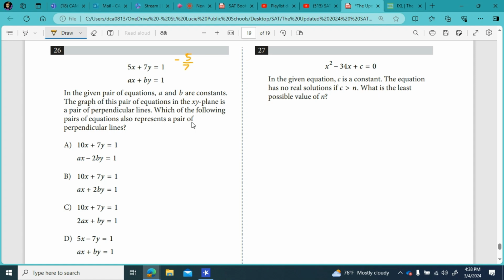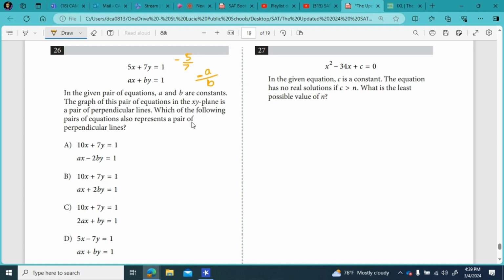And if you look at this one, the perpendicular slope would be negative A over B. And let's see, if you look here, 10x and 7a minus 2by.